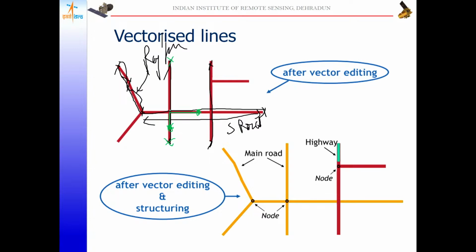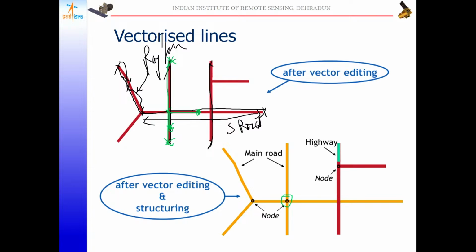So if a junction is present on the ground, the same junction needs to be marked in the data. If you created this entire line with just two clicks, one here and one here, a junction is not created here, so you cannot find the shortest route this way. You need to do editing and add one junction here. Adding a junction is basically adding a node.